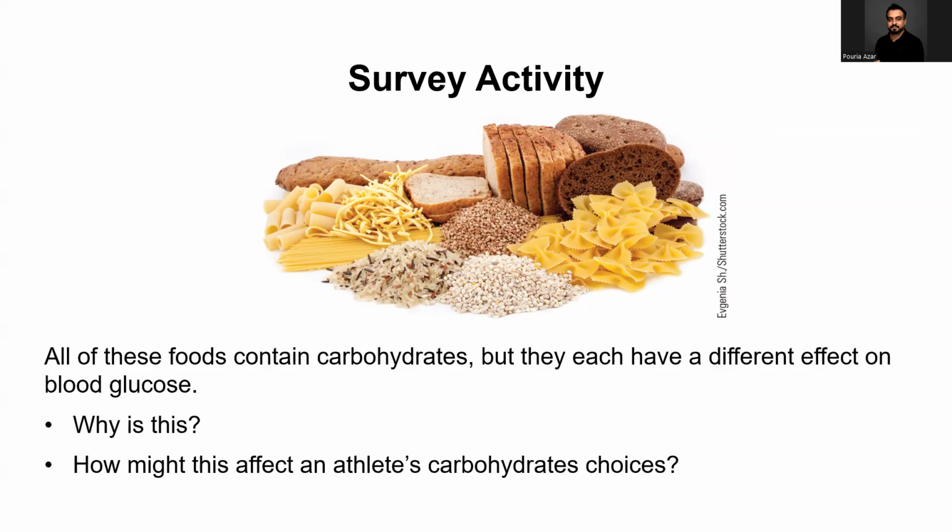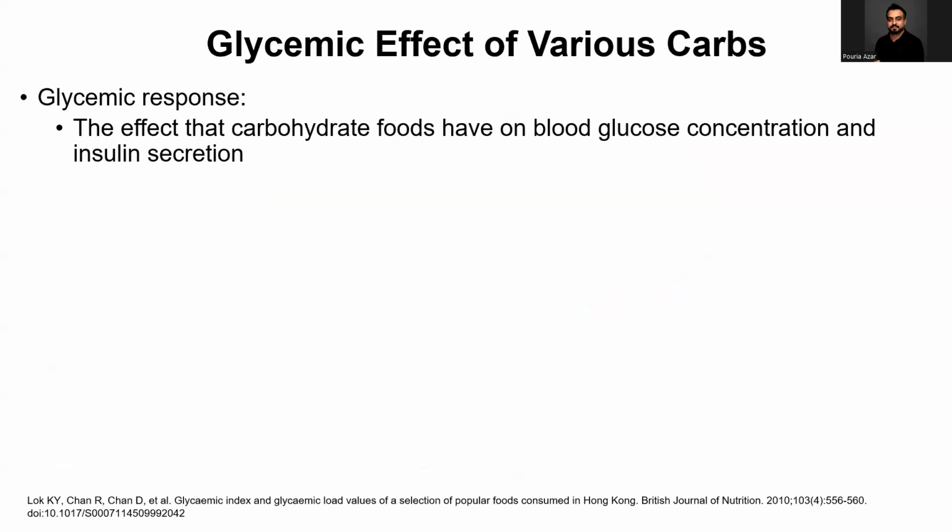We said different foods like grains, legumes, starchy vegetables, non-starchy vegetables, fruits, they all contain carbohydrates. But the important thing is these carbohydrates have different effects on blood glucose. Why is this? So here is our answer.